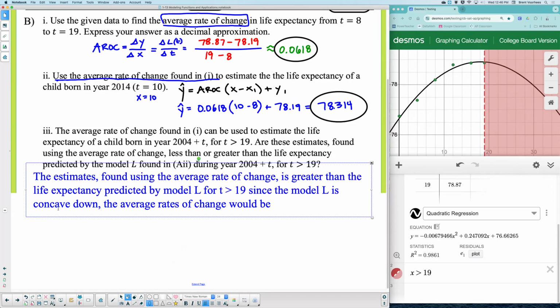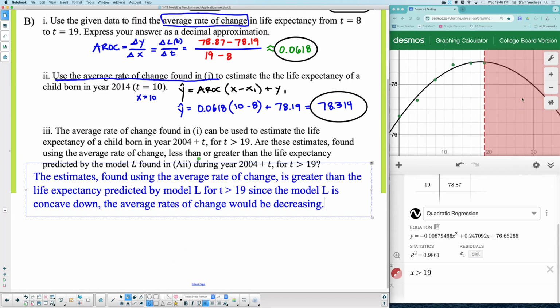If the graph is concave down, did the average rates of change increase or decrease? Decrease. So the reason this estimate right here, the one that's not changing, the one on the paper, would be greater than the average rate of change after, because they would be decreasing on this interval. They keep decreasing because it's concave down.